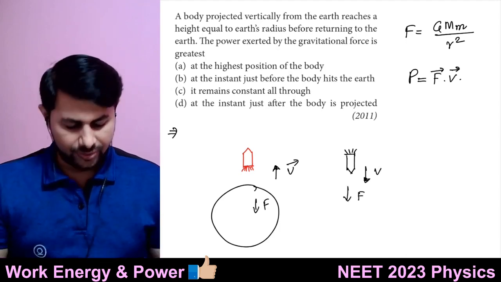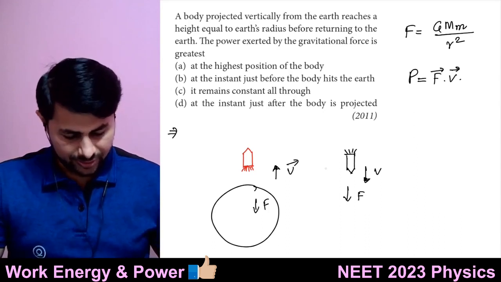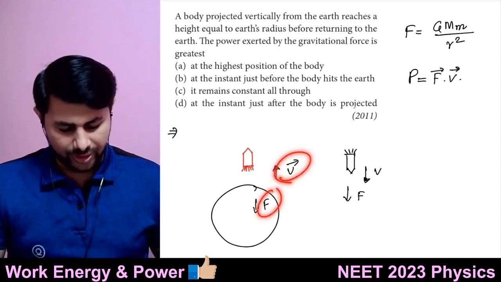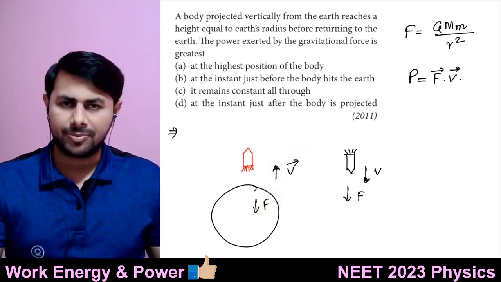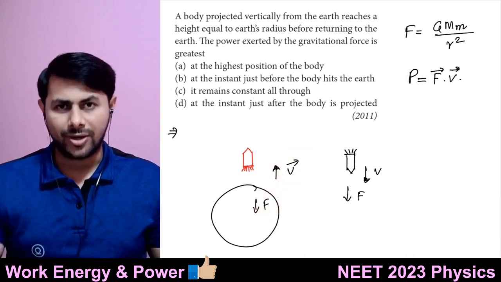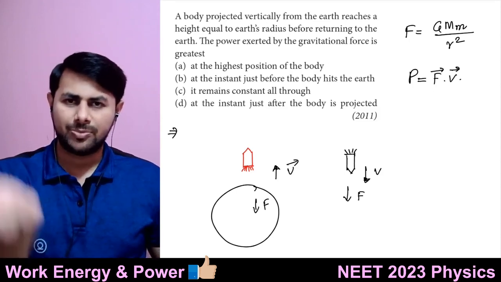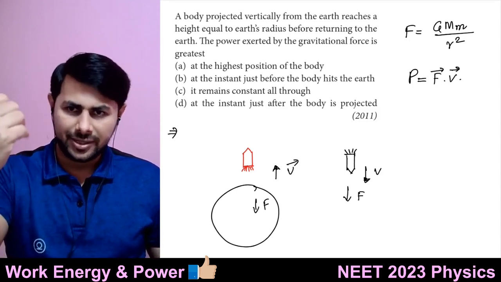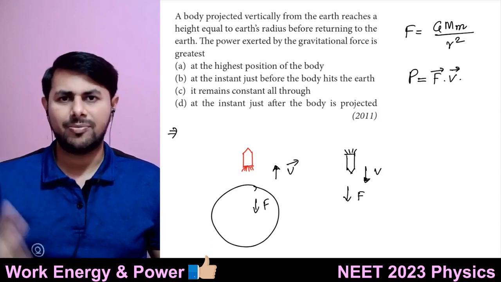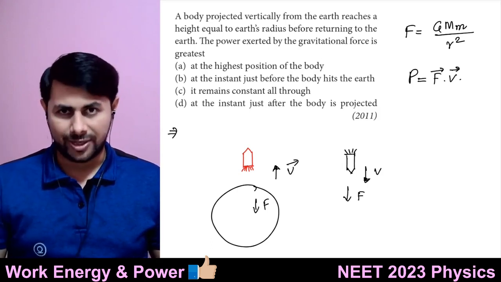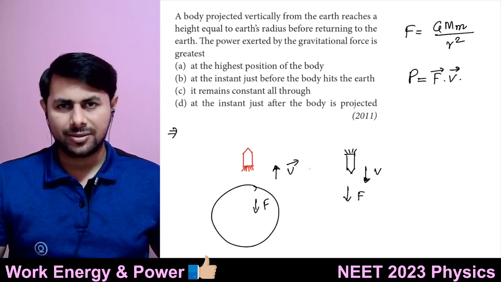So the dot product of force and velocity is F multiplied by V multiplied by cos of 180 degrees when it is projected upwards. When it reaches back, it will be F multiplied by V multiplied by cos of 0, and cos 0 is 1 while cos 180 is minus 1.